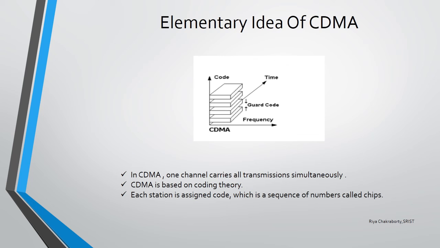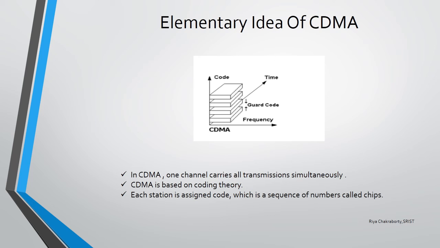In CDMA, one channel carries all transmissions simultaneously. CDMA is based on coding theory. Each station is assigned a code. Remember it, each station is assigned a code, which is a sequence of numbers called chips.